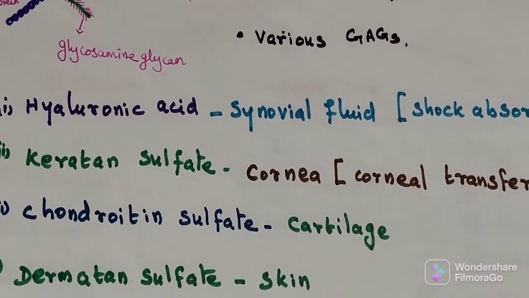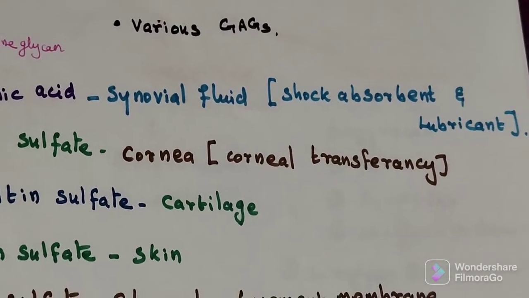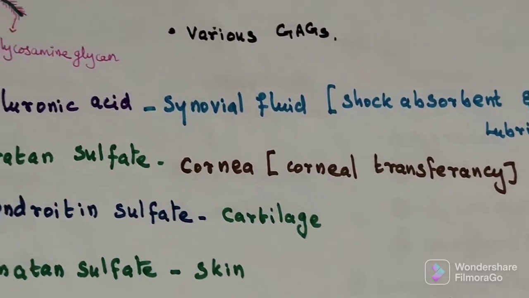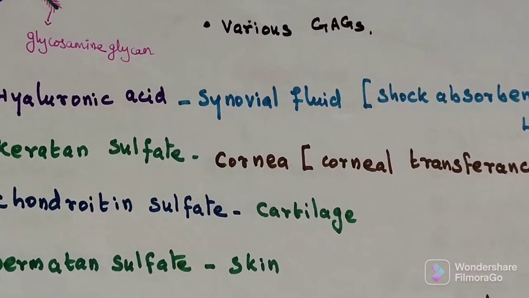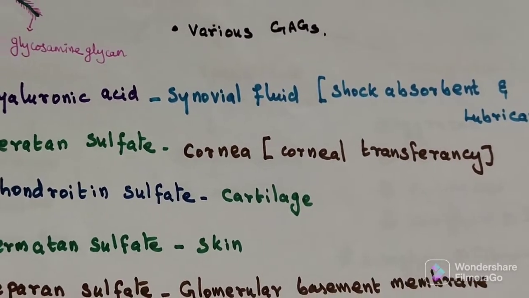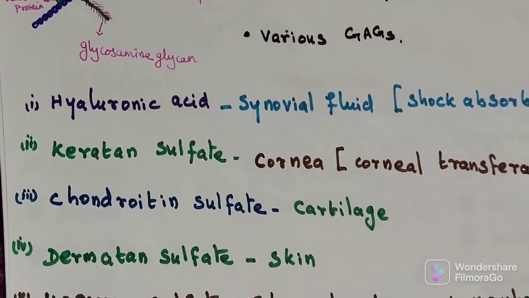Hyaluronic acid is present in synovial fluid and acts as a shock absorber and lubricant. The second one is keratan sulfate, present in the cornea and responsible for corneal transparency.